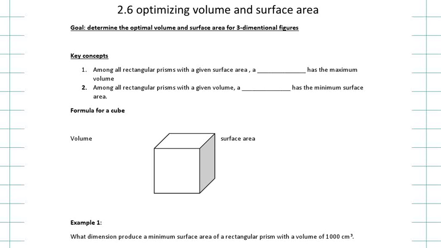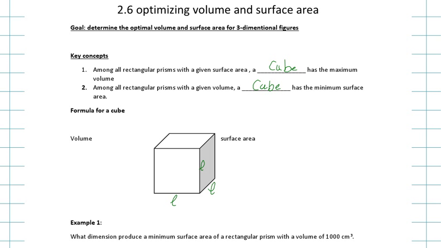Alright, so a cube has a maximum volume, and among all rectangular prisms with a given volume, a cube has the minimum surface. Okay? So with a cube, all sides are equal, so that's going to be length times length times length, or S times S times S, whatever you want to call it, right?